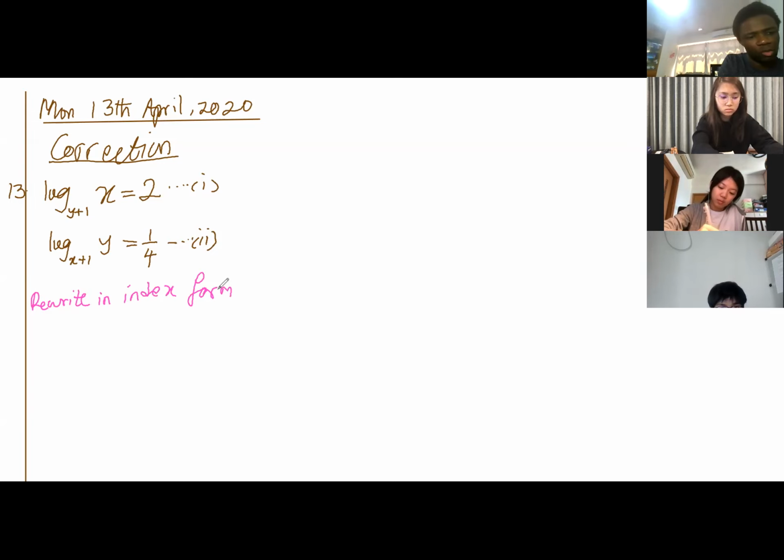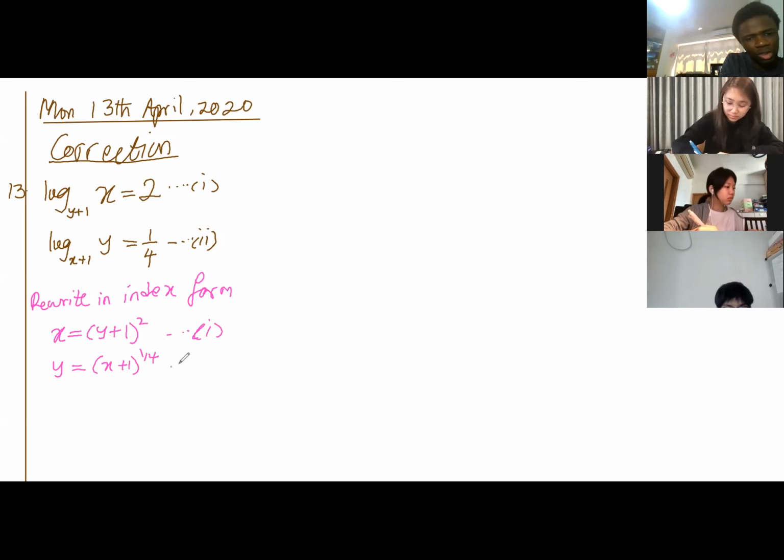So from equation 1, if you write in index form, we have x equals (y plus 1) squared, and equation 2, y equals (x plus 1) to the power 1 over 4. So this is your equation 1. This is your equation 2 in index form.